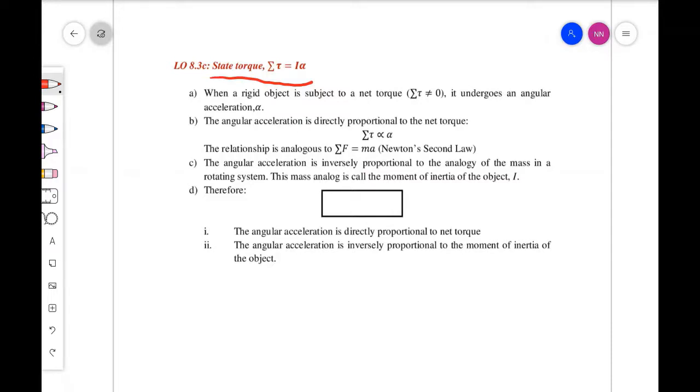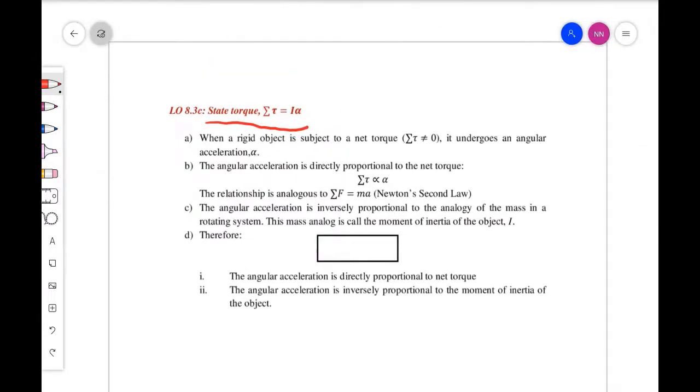8.3 objek dah rotate, jadi net torque equals I alpha. Sama lah macam chapter 4. Kalau dalam chapter 4, object at rest, dia in equilibrium, kita pakai net force equals 0.